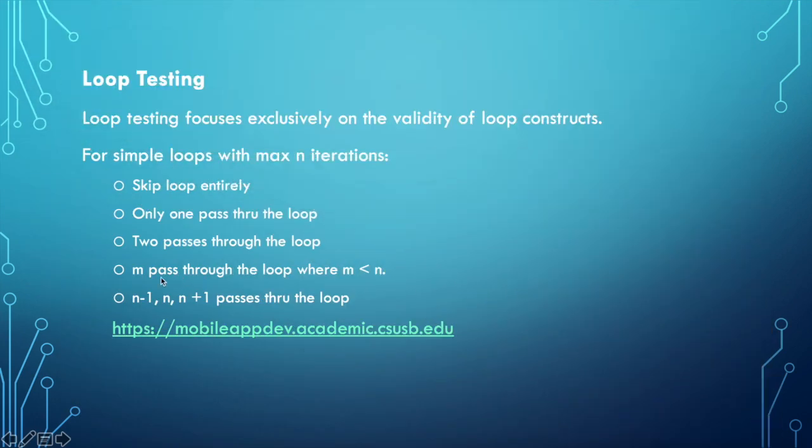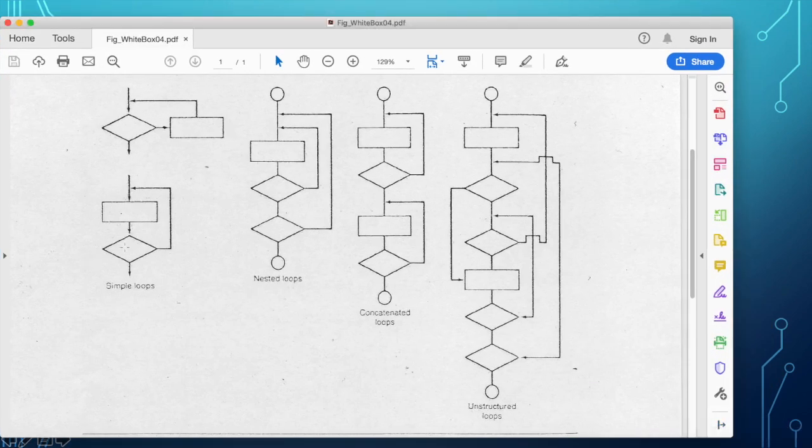Another one is m passes, where m is less than n. Then test cases for n minus 1, just one less than the maximum, exactly n, and one more than the normal, n plus 1 passes through the loop. So these are the test cases you're going to try to test the simple loop.